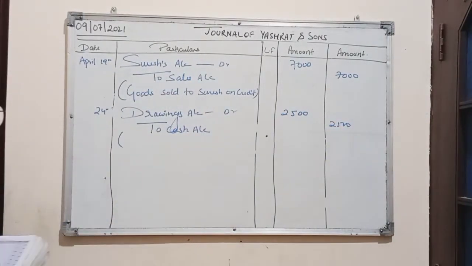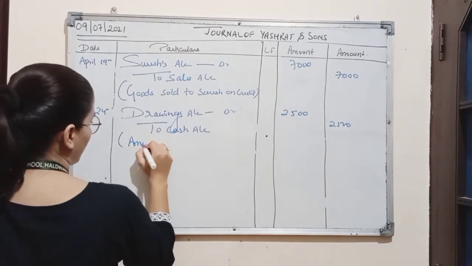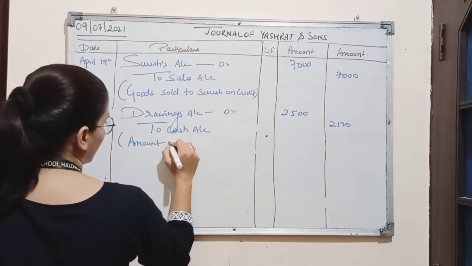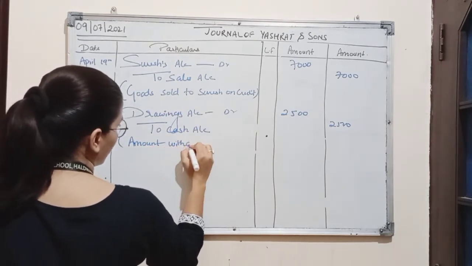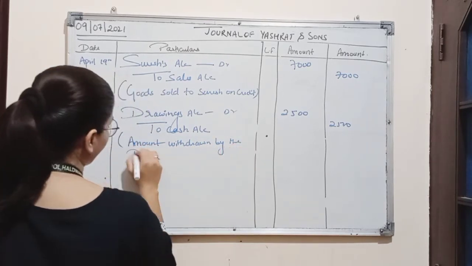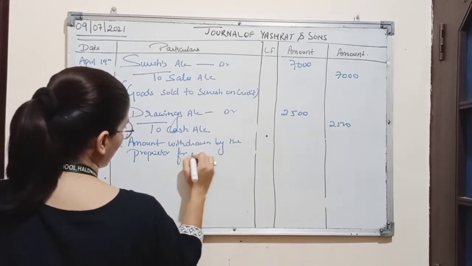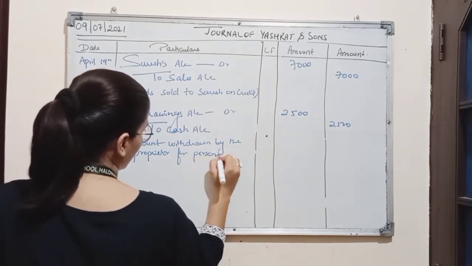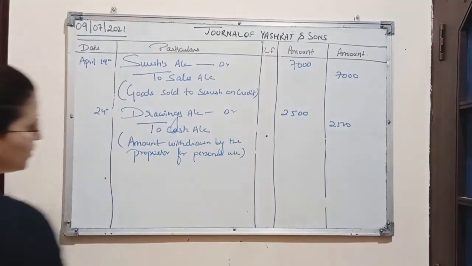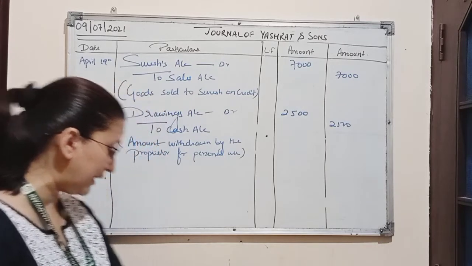Here the narration for this transaction will be amount withdrawn by the proprietor for personal use.